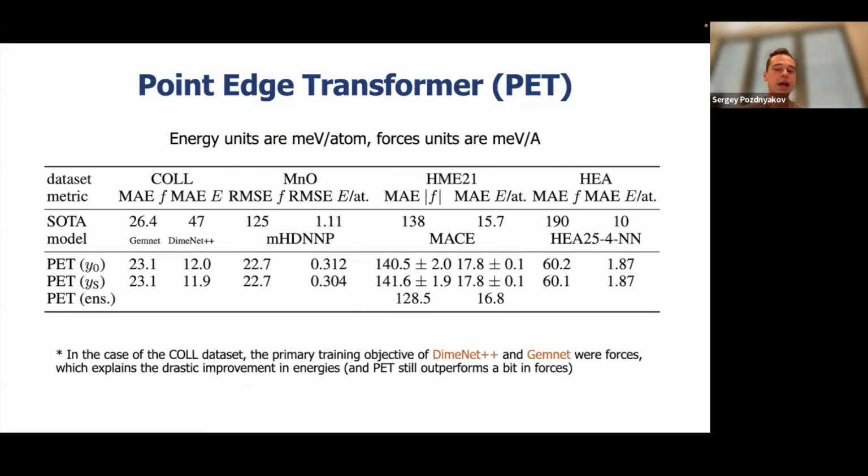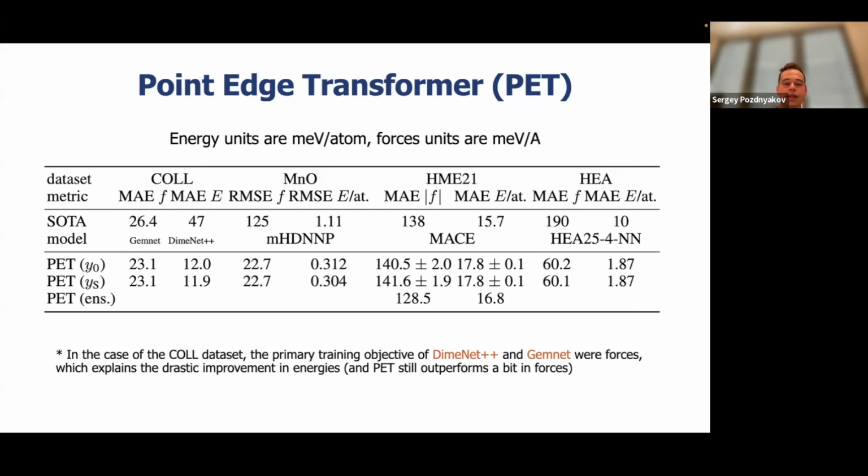The final slide with the benchmarks is this table. First of all, I want to draw your attention to the fact that PET outperforms such models as GemNet and DimeNet++ on the dataset. As you can see, the improvement in energies is quite dramatic, and simultaneously there is a teeny improvement in forces.